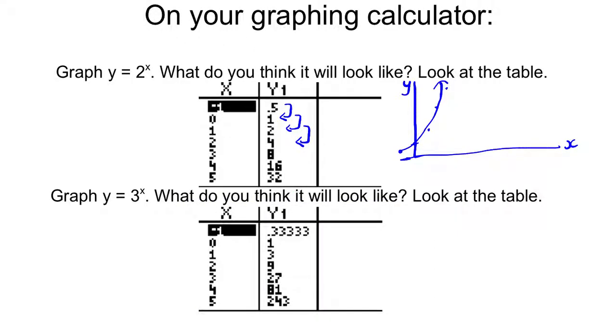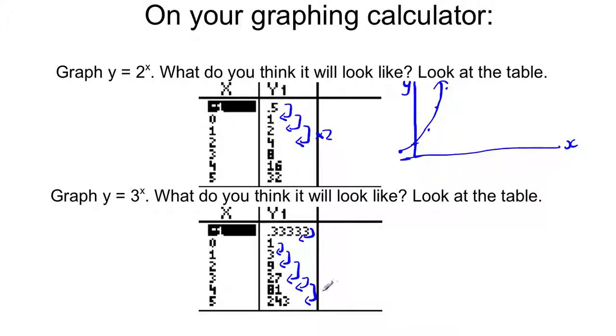For comparison's sake, let's look at y is equal to 3 to the x. I go from a third to 1 to 3 to 9 to 27 to 81 to 243. What's happening? Well, here in this 2 to the x power, I'm multiplying each y value by 2 each time.